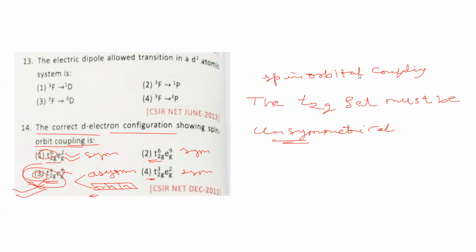the next question. That is the term symbol for the ground state of the nitrogen atom. So for nitrogen, we have to find out the ground state term symbol.